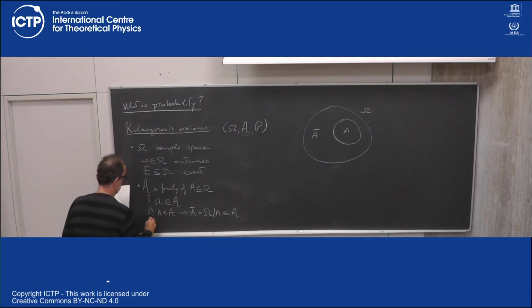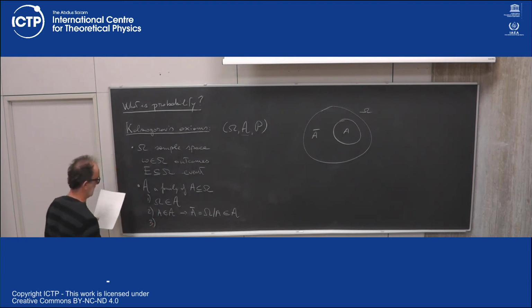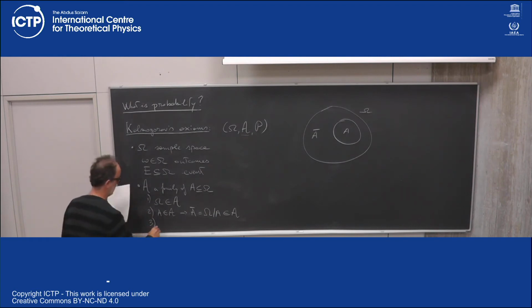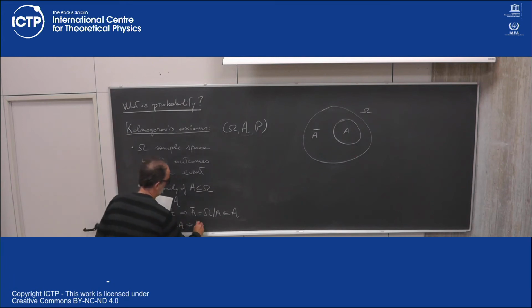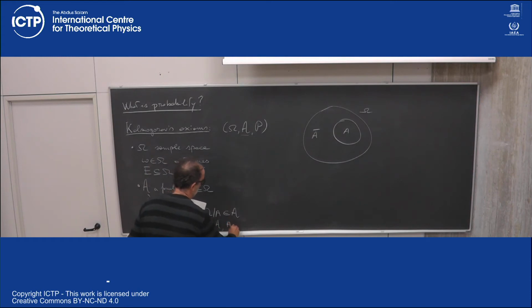And the third thing is that this family should be closed under set operations. So if A1 and A2 belong to this family, then their union also belongs to it, and their intersection also belongs to it.